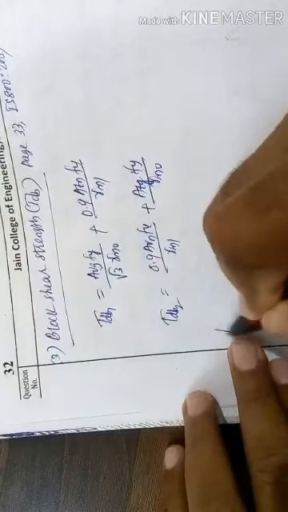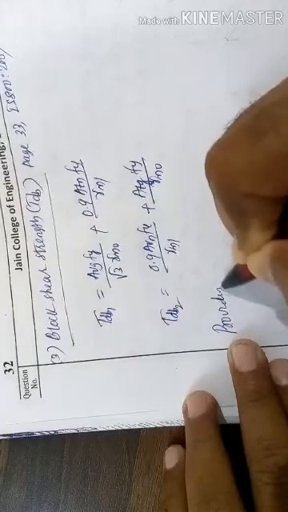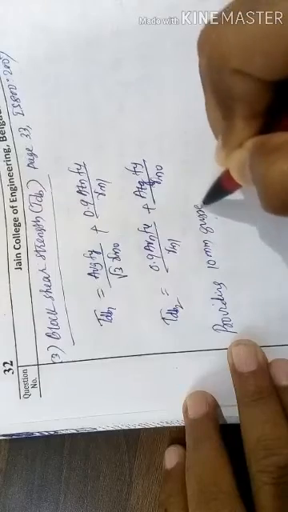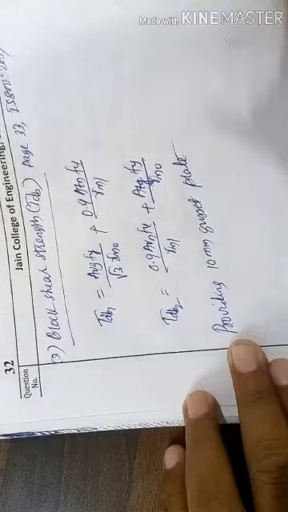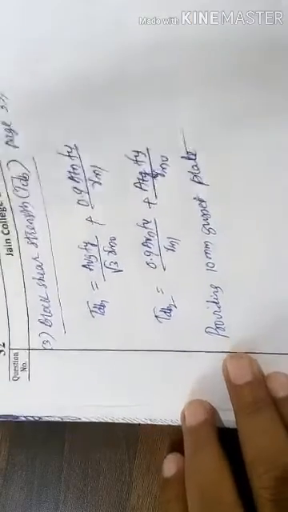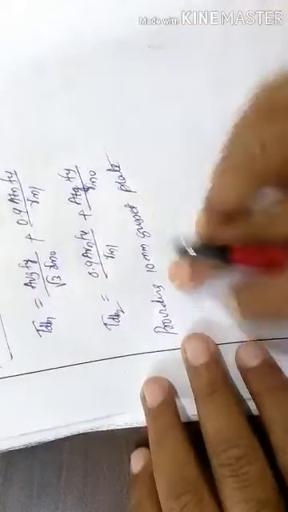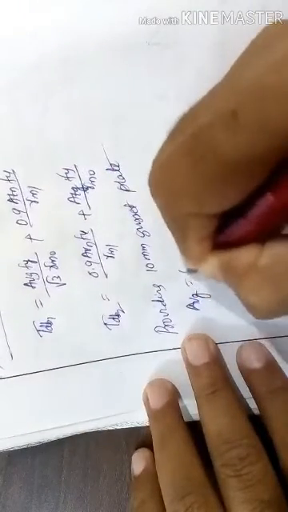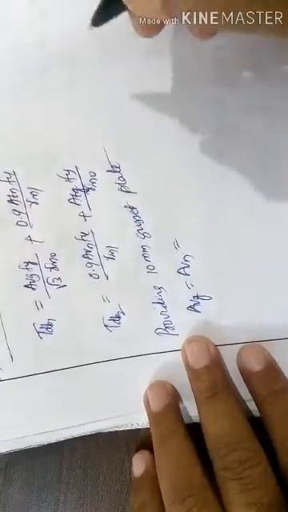Then take a 10 mm gusset plate thickness, assuming, then AVZ is equal to AVN in the case of a welded connection.